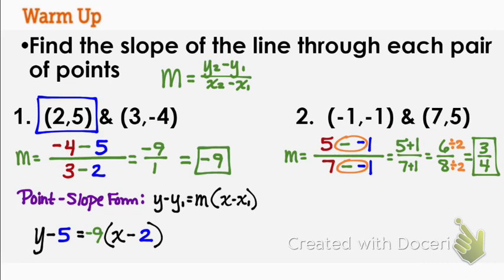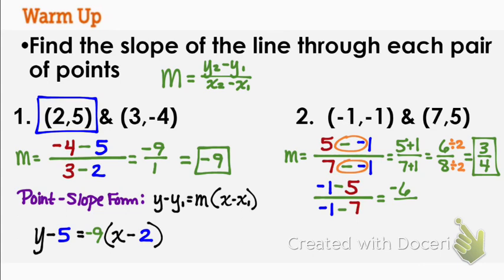Does it matter which order I put the numbers in up here? If I did 5 minus -1 or if I did -1 minus 5? Does it matter what order I do it in? No. Let's test it and find out. If I had -1 minus 5, and then down on the bottom, -1 minus 7. What's -1 minus 5? -6.